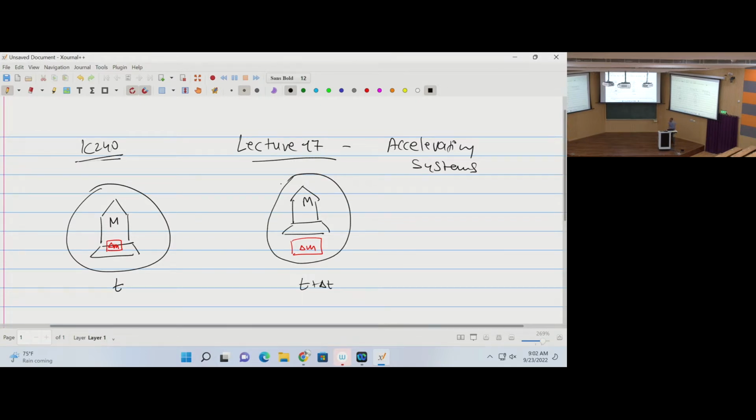So the envelope of the system looks like this at t plus delta t. If you wanted, you could have taken capital M as the mass of the system, and then at time t plus delta t, the rocket is M minus delta m and delta m has left. It's up to you how you define it. We have used this definition.